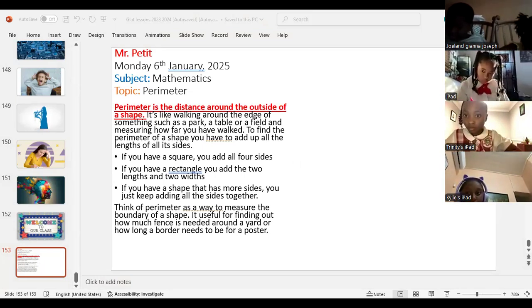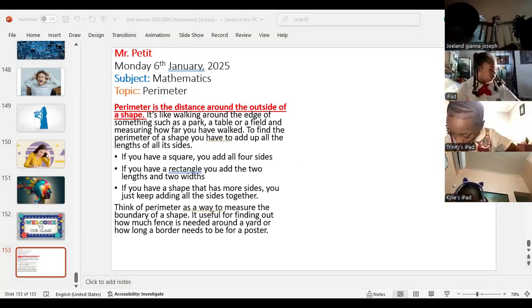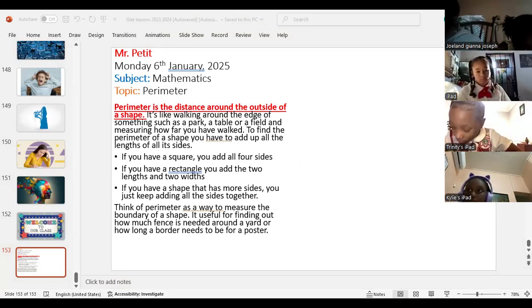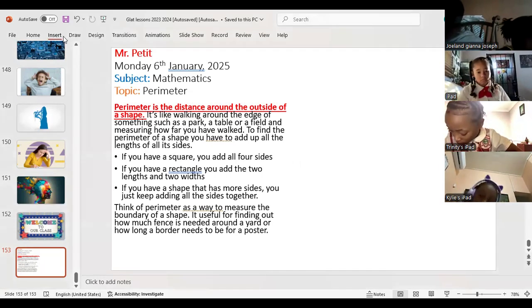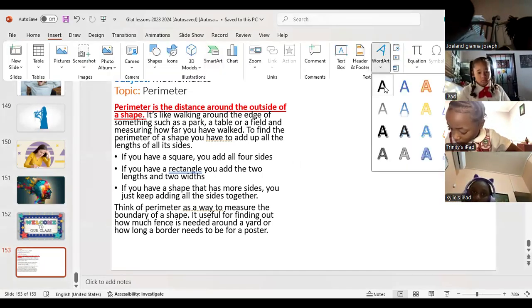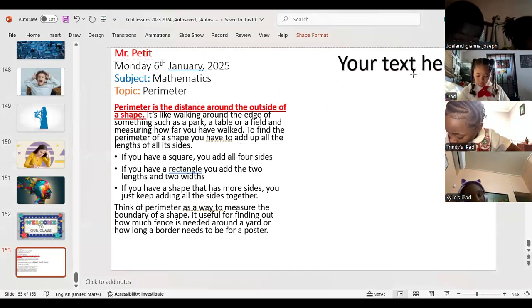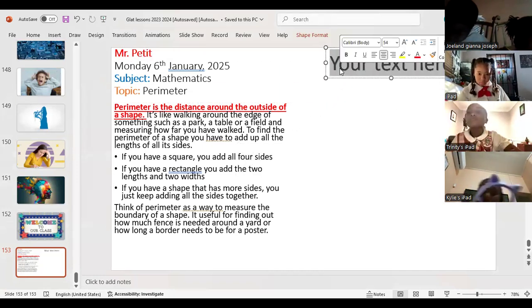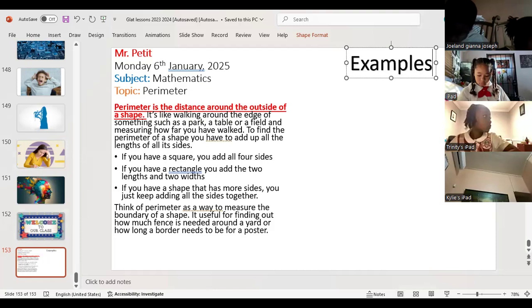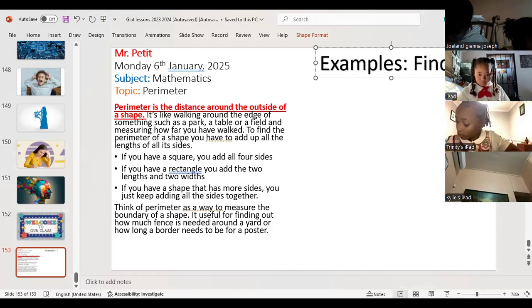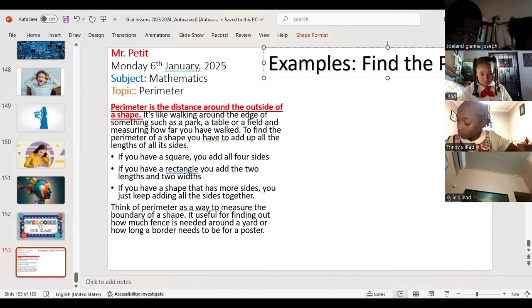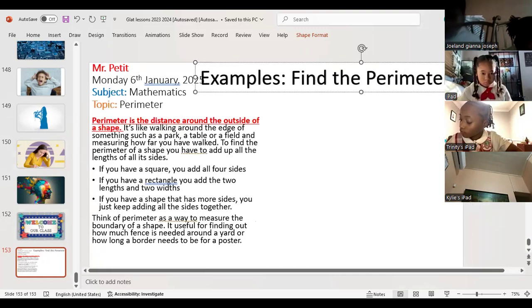So let's say we want to find the perimeter of these shapes. The question states, find the perimeter of each object.